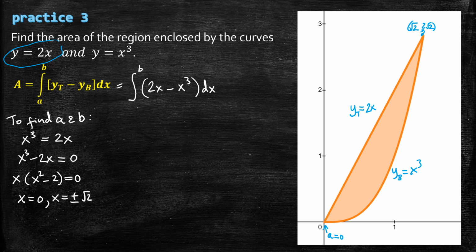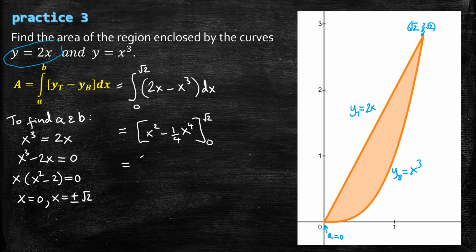Let me replace a and b here with what we know they are, from 0 to radical 2, and take the antiderivative: x squared minus a quarter x to the 4th, from 0 to radical 2.